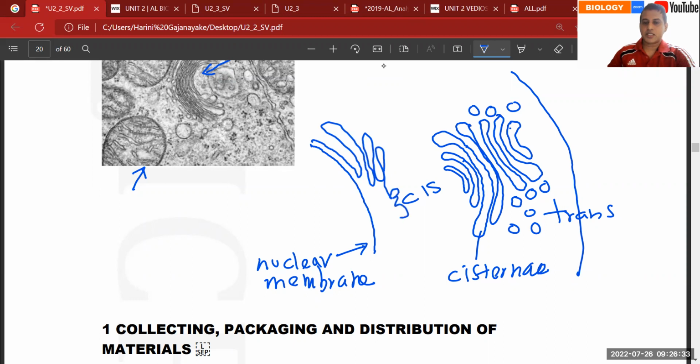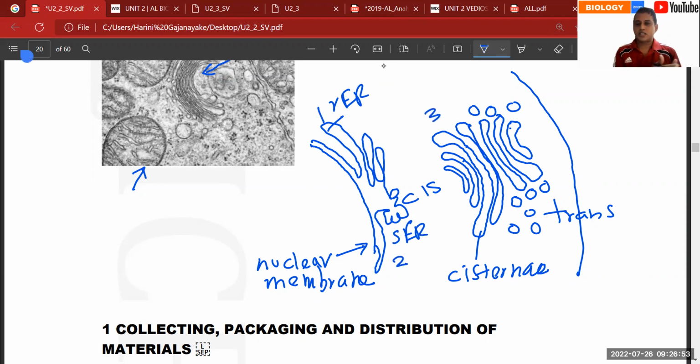I don't have much space, I just show it quickly like this. Okay, this could be the RER. It is a continuation of the second membrane of the nucleus, and then the SER. So RER first, SER second, and the third location is the Golgi, which is located very close to the cell membrane.